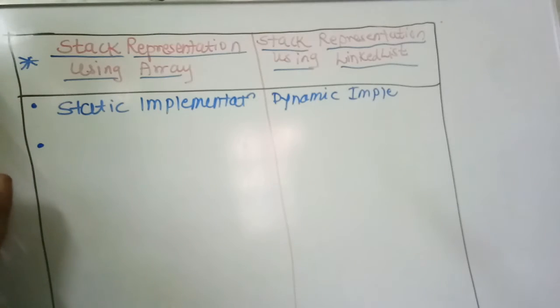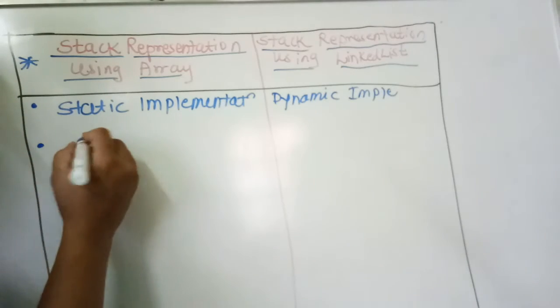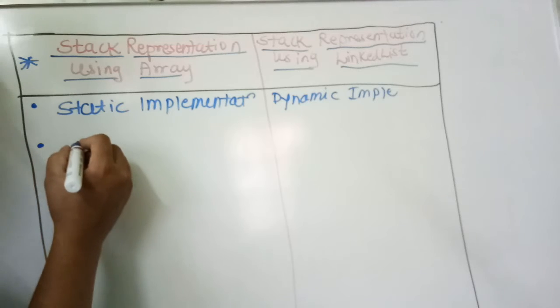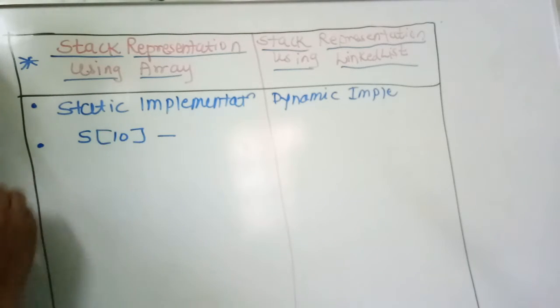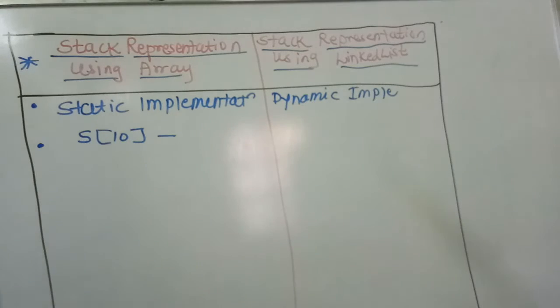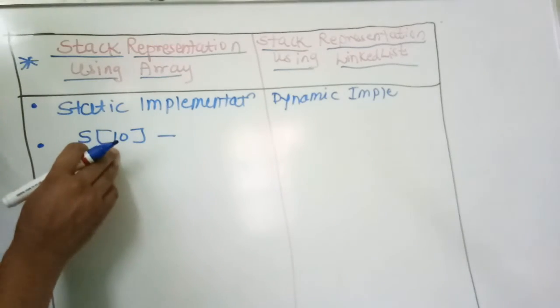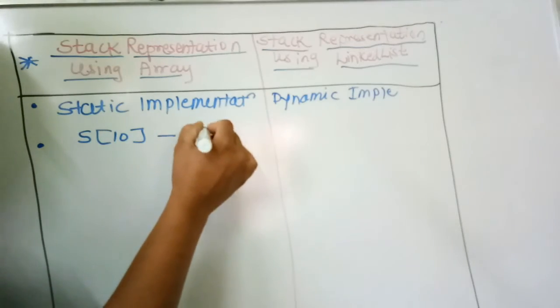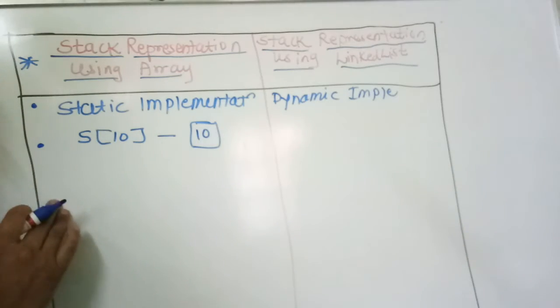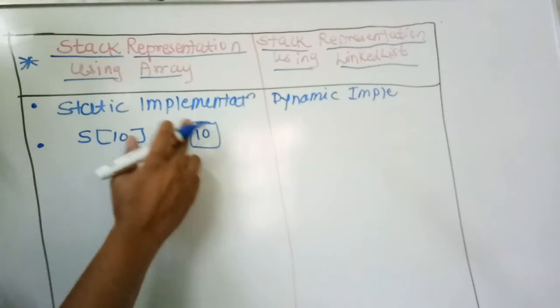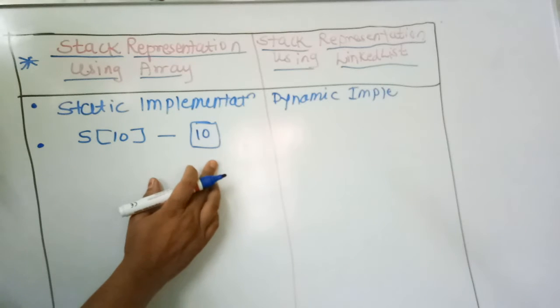For example, using the static, that is the array mechanism, suppose you have created the structure of the stack and you have created a fixed size, for example of size 10. Then it allocates only 10 memory items from start to end. It can only store 10 elements.